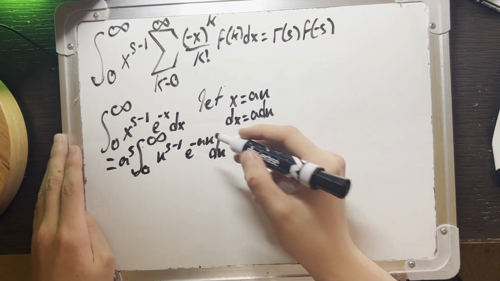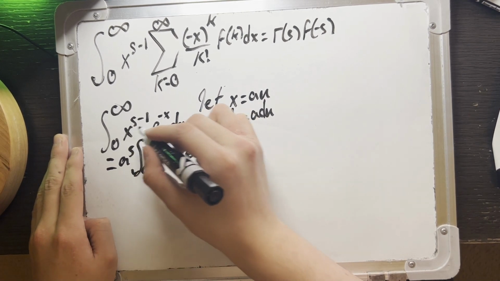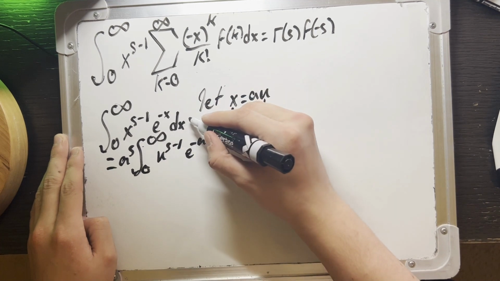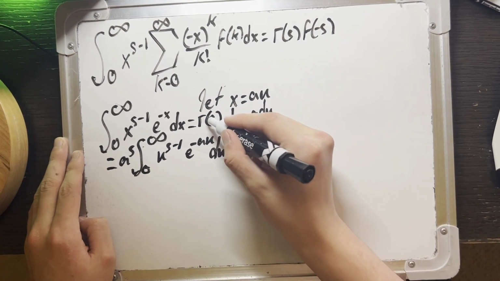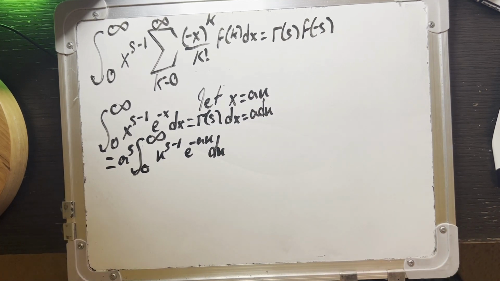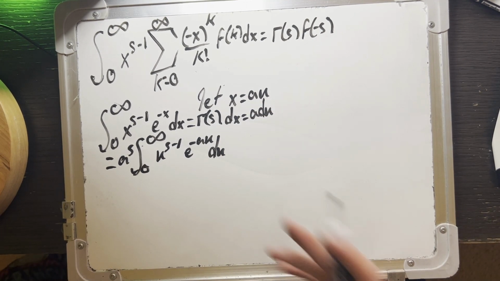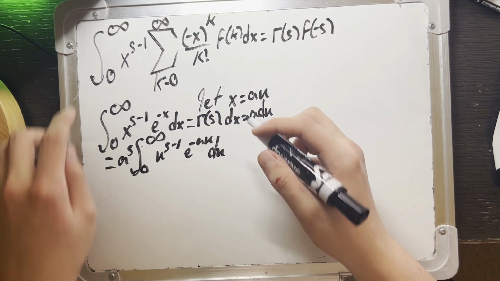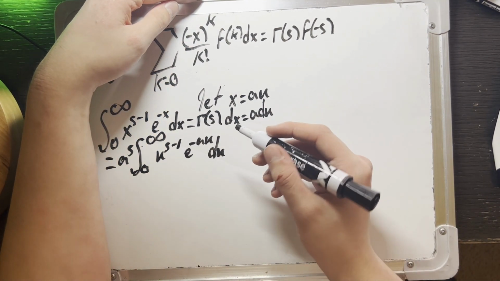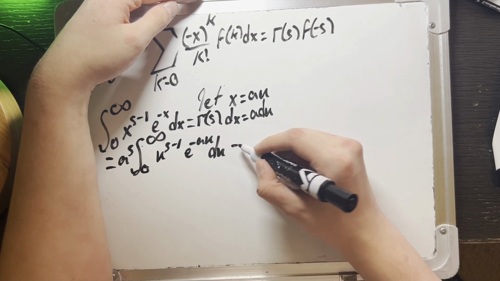Okay, so if you look at our initial integral, that's actually the definition of the gamma function, which is an extension of the factorial to fractional powers with this integral form.